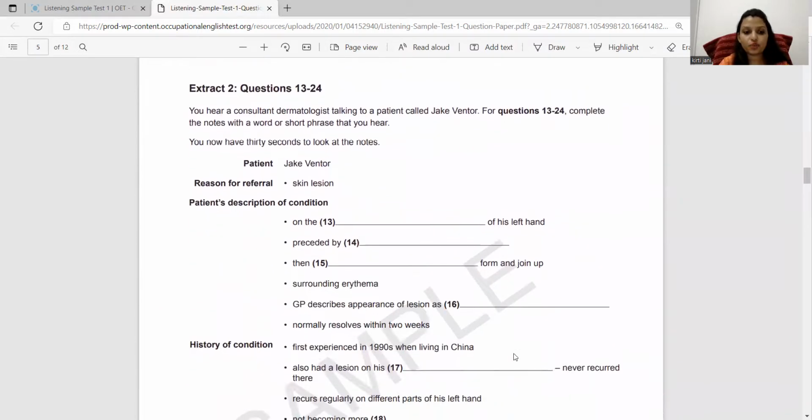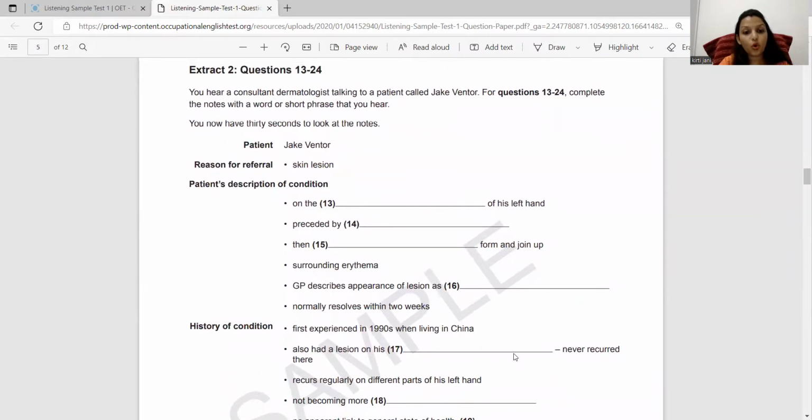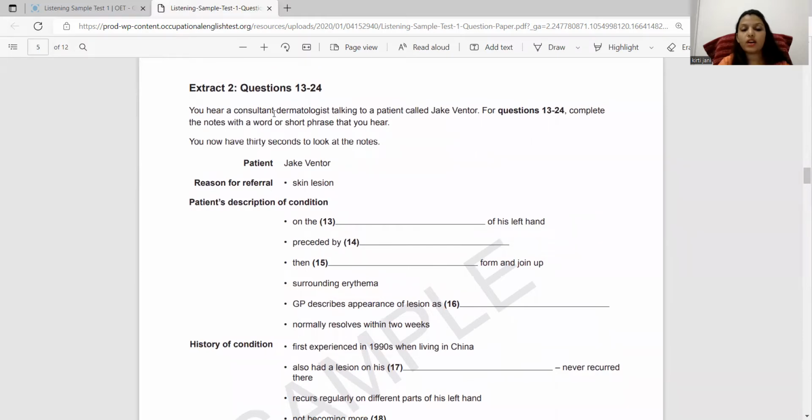Let's see extract 2. Let's read the context statement. You hear a consultant dermatologist talking to a patient called Jack Wenner. For questions 13 to 24, complete the notes with a word or a short phrase that you hear. You now have 30 seconds. So right now, I'm teaching you how to predict your answers, how to increase your prediction skills, okay?